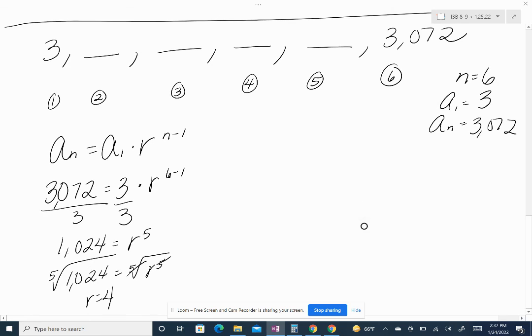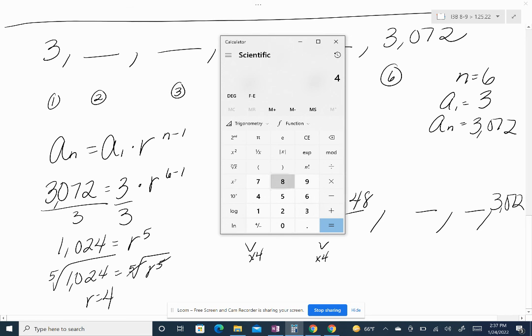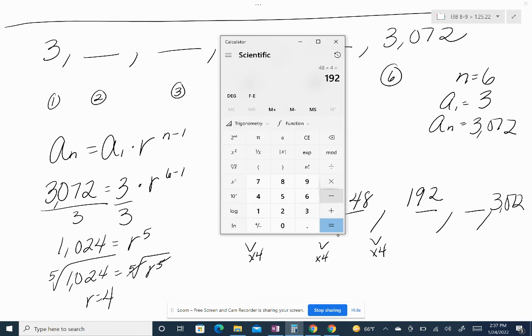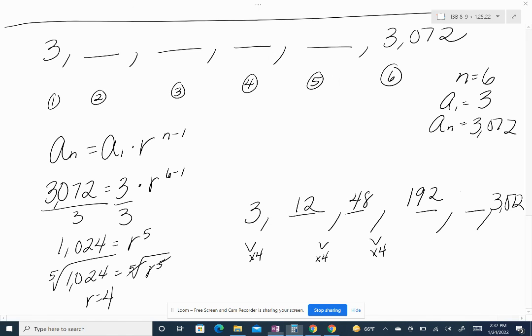So now I can continue my pattern. I have 3, 1, 2, 3, 4 blanks, 3072. So I need to multiply by 4. That gives me 12. Gives me 48. I don't know the next one. 192. 768.